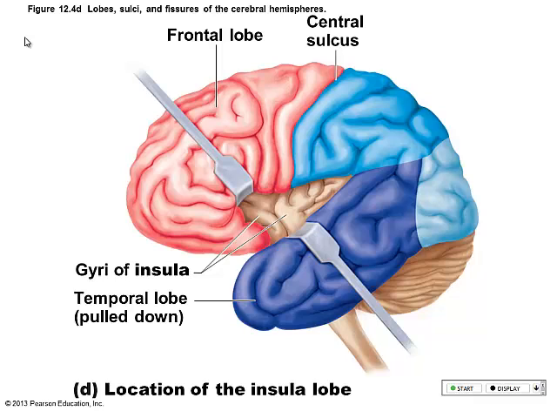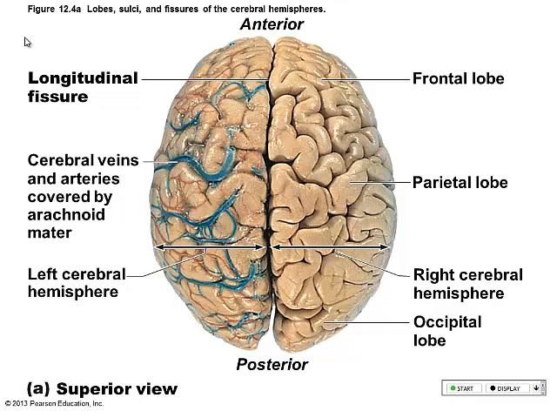I'm just going through these because you can see some of those lines that were described in your notes. You can see how it delineates some of the different areas of the brain. What's that big, huge, long, cavernous fissure that separates the two hemispheres?